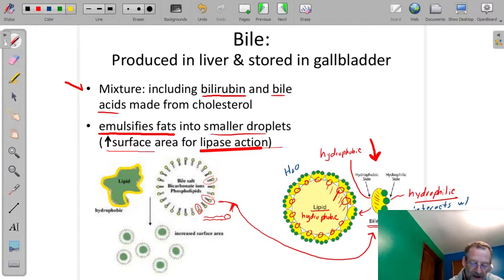So the bile salts have taken this mass of lipid and broken it up into smaller little droplets. And as you go from one big blob to numerous smaller little droplets, we wind up with an increased total surface area.